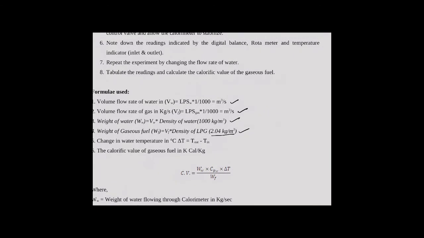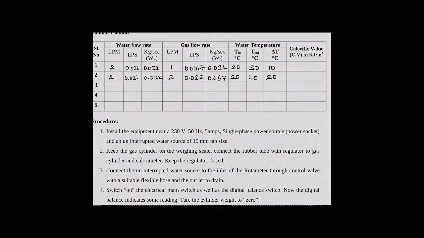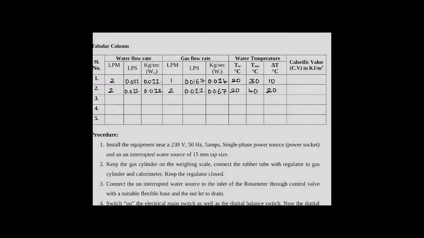Now I have to write them as into 10 to the power of minus 3, which I'm directly going to get. So this will be 0.034 into 10 to the power of minus 3, and 0.067 into 10 to the power of minus 3. This is the kg per second of your gas flow rate.